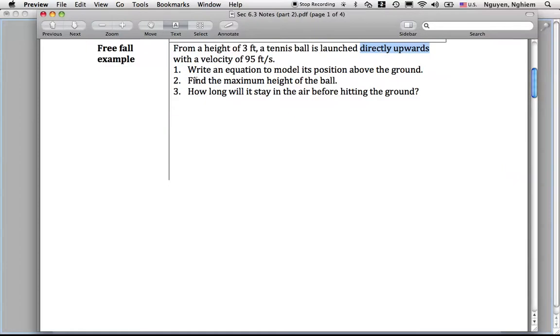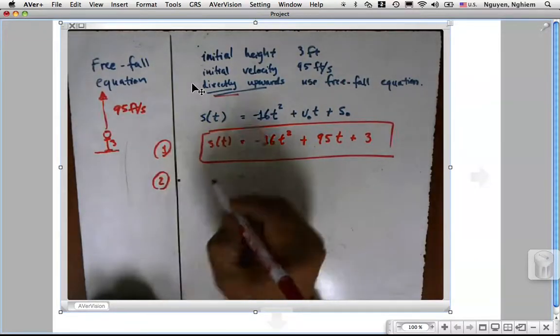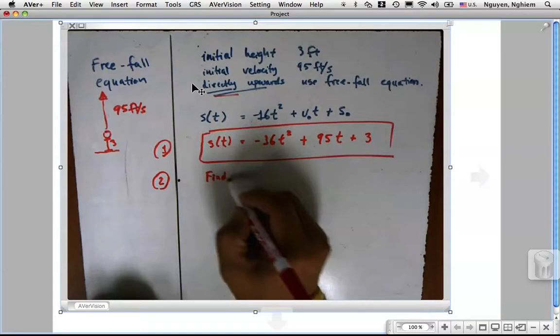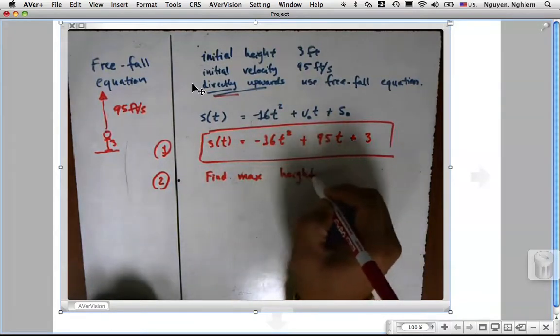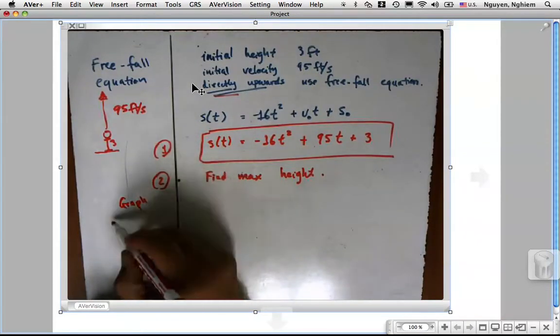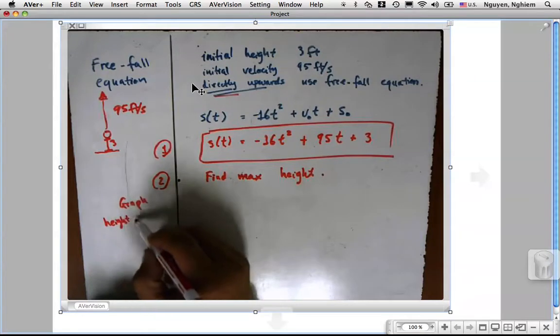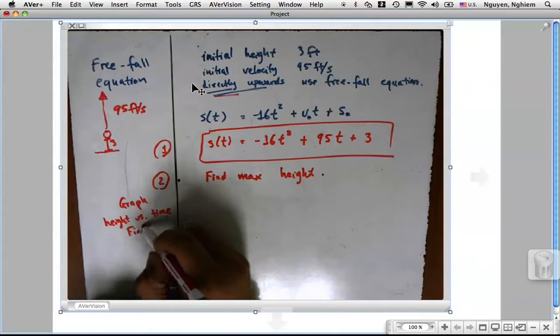Next, we have a question here that says, find the maximum height of the ball. There are several ways that we can do this problem. We want to find max height. For this case, I'm going to graph height versus time, and then I'm going to find the maximum value.